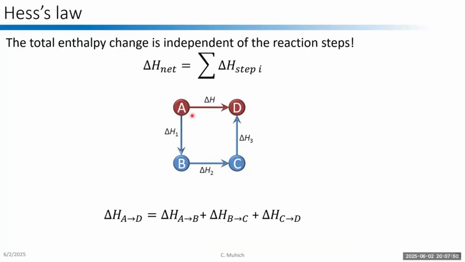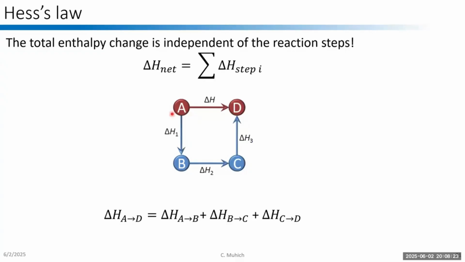So let's say I have some sort of process where I start in state A and go to state B. This change in enthalpy is equal to the change in enthalpy if I go through these three steps: first A goes to B, then B goes to C, then C goes to D. So I'm path independent.